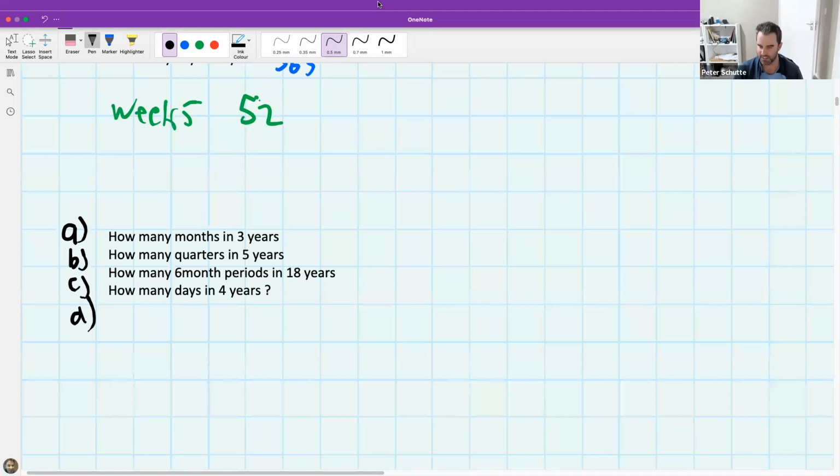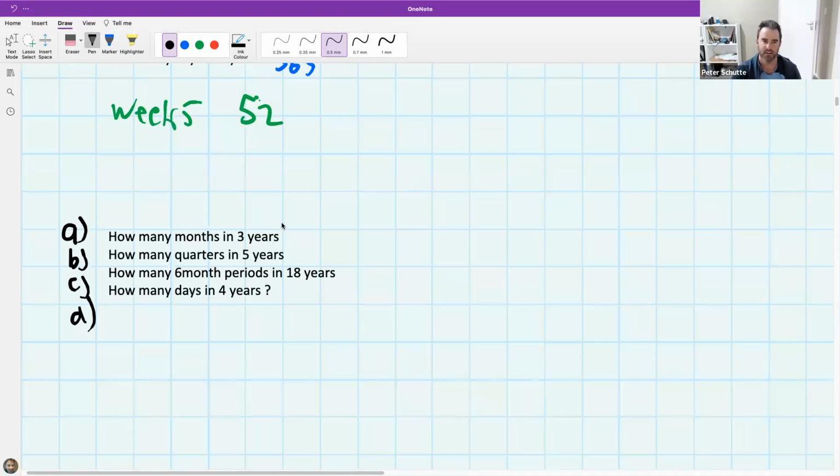We're doing nicely, everyone. Very, very nicely. So I see lots of students, Tando, and everyone else has got 36. So there are 36 months in 3 years. Mamelo has said there are 20 quarters in 5 years, and I would say 5 times 4 is 20, so that's good.